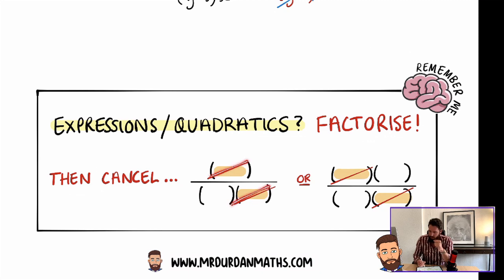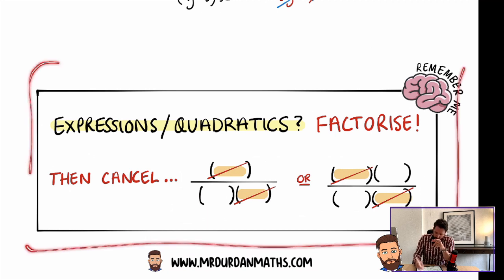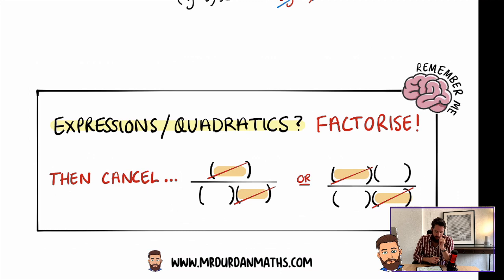All I've written here is a few different examples of what it could look like. You could end up with 4 brackets, 2 on top and 2 on bottom, where 2 cancel, tied together. So let's take this remember-me tip into the next few examples.